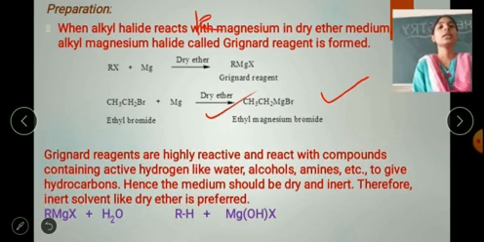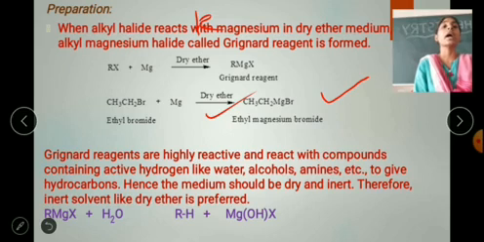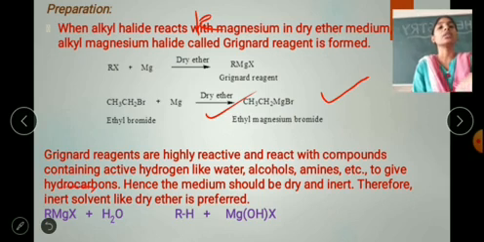Next, Grignard reagents are highly reactive and react with compounds containing active hydrogen. For example, water, alcohols, amines react quickly with the hydrogen to give hydrocarbons.